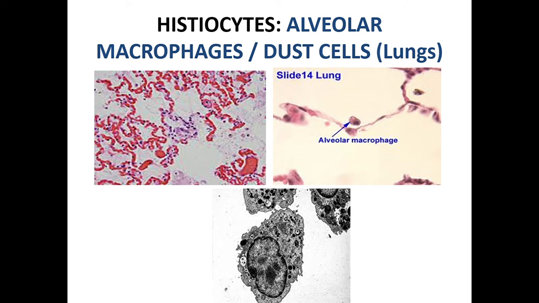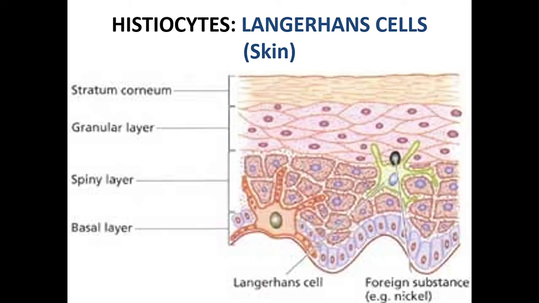Then we have the alveolar macrophages or dust cells found in the lungs. Then the Langerhans cells found in our skin.